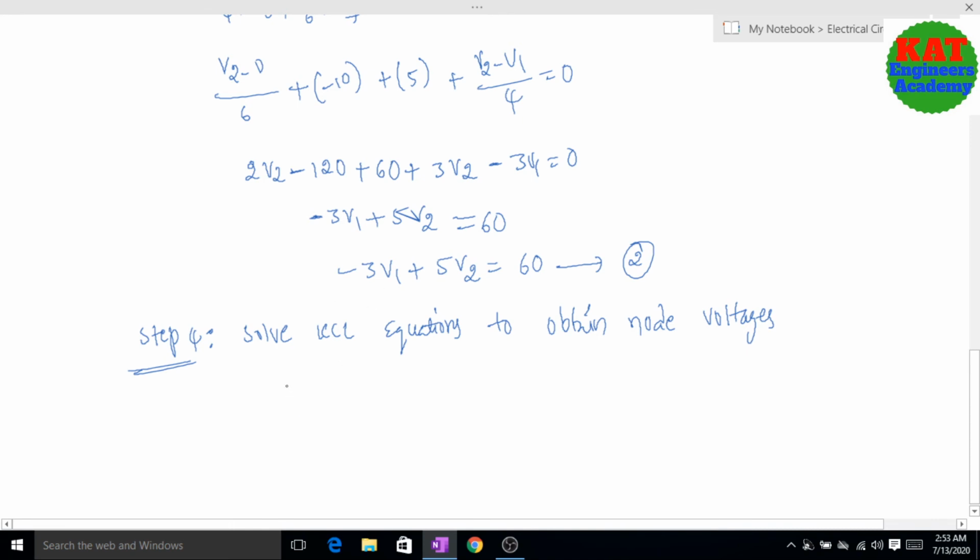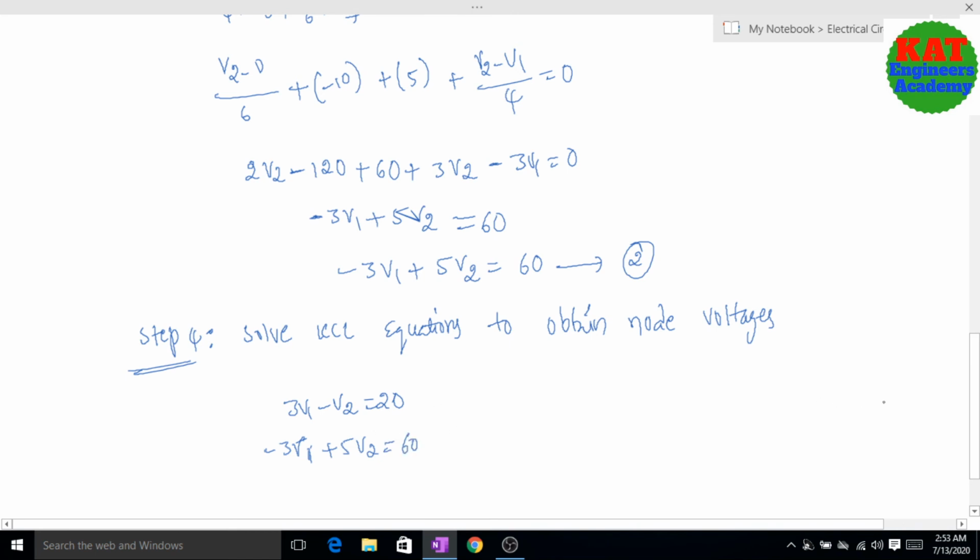So finally, the first equation is 3V1 minus V2 equal to 20. The second equation is minus 3V1 plus 5V2 equal to 60.